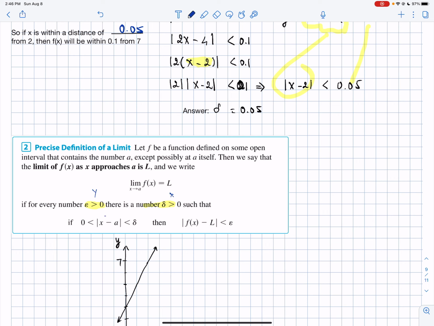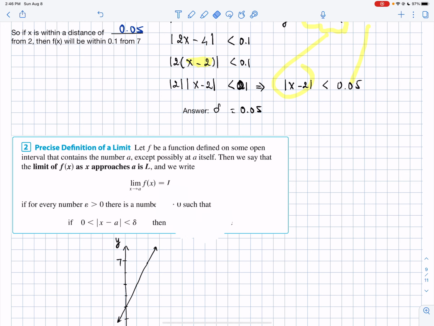So such that if the distance on the x part is less than delta, and of course it has to be greater than 0 because that is a distance, then the distance on the y part from L, which is the absolute value of f of x minus L, is less than epsilon.